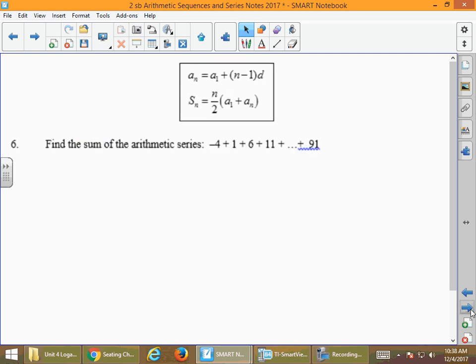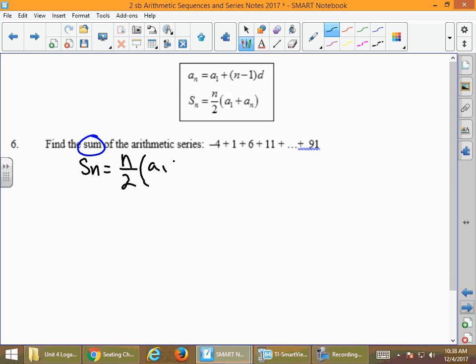Number 6. Find the sum of the arithmetic series. We didn't have to do it on the last one, but we're going to have to do it on this one. It does say find the sum, so we need to watch out for that. So to the left of your paper, I am going to write down what we know, but we're going to have to use S of n equals n divided by 2 times a1 plus an.